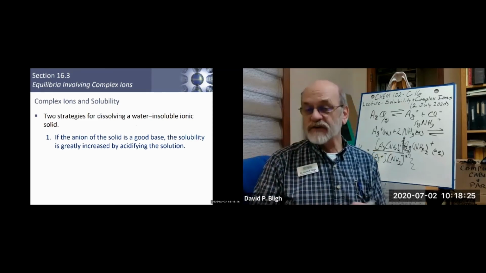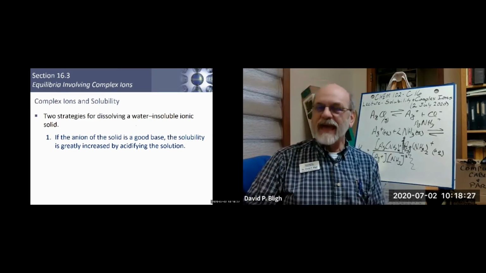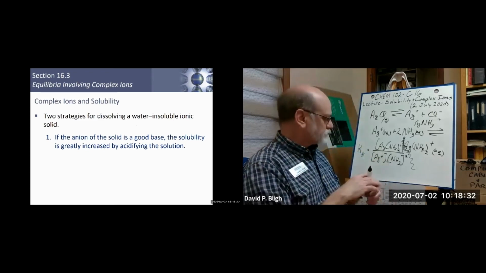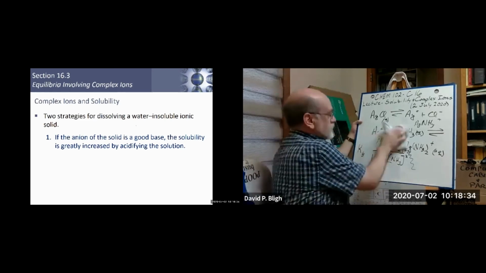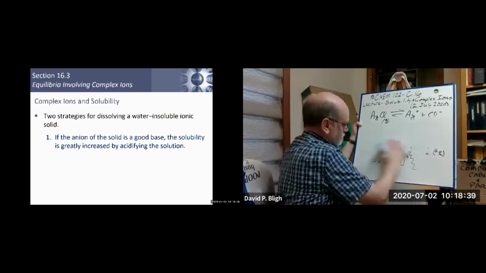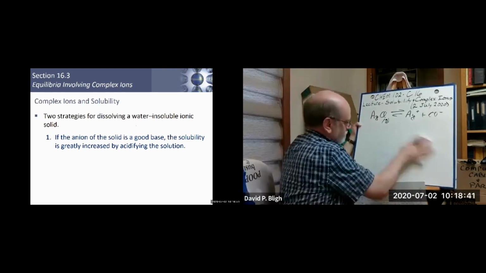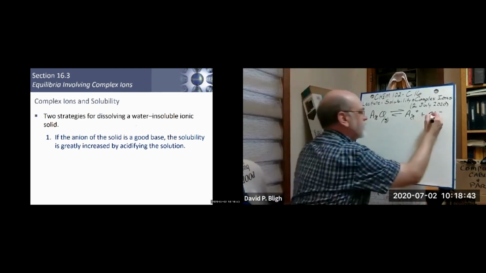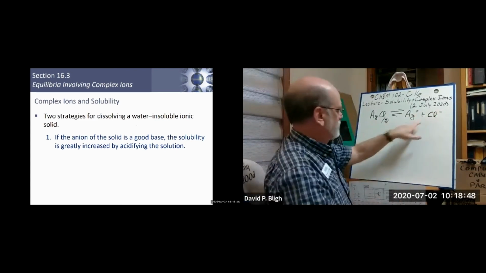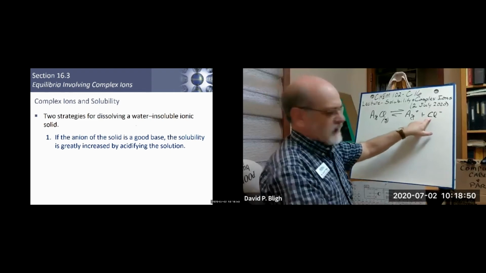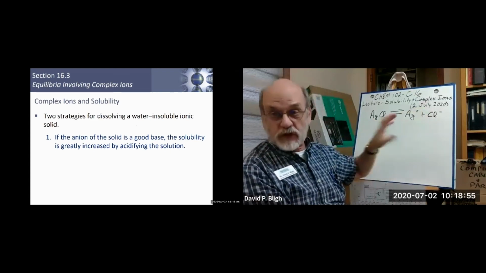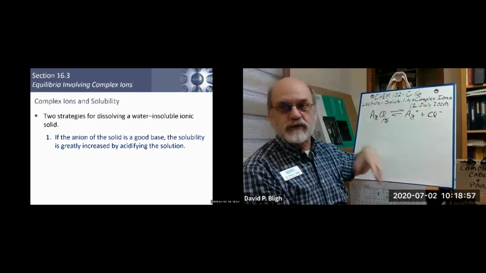Well, Brønsted-Lowry base. If the anion in the compound, let's use this one as an example, silver chloride. So there's your anion, right? Is that anion a good base? Well, let's look at where it would come from if it were sourced from an acid.